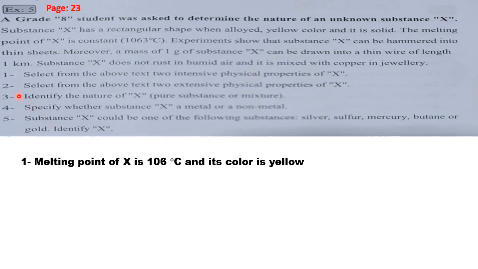Okay, so select from the above text two extensive physical properties of X. Extensive depend on the amount. So we have the mass here, which is 1 gram, and the length, which is 1 kilometer.